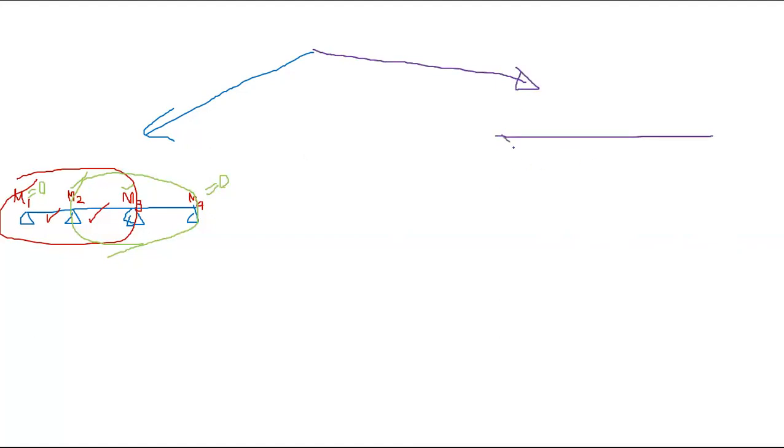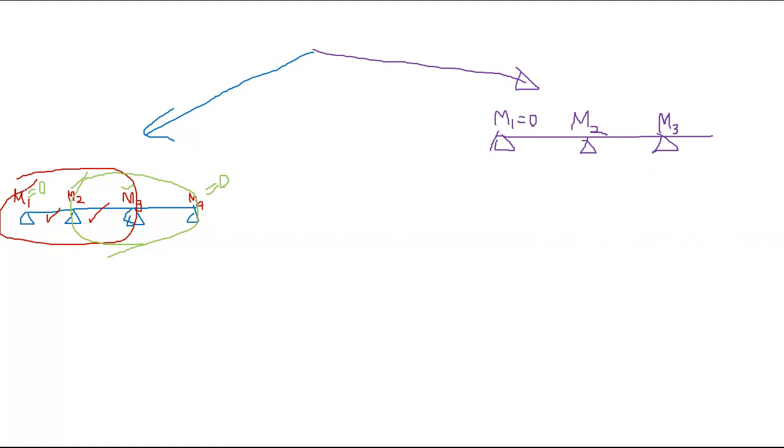And if you have something like this, some overhanging span, here M1 is 0, that's the end. M2 will be there and M3 will also be there.